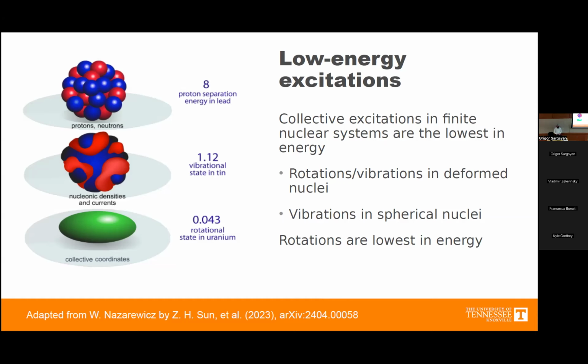So we really are describing the lowest energies in the spectrum here.